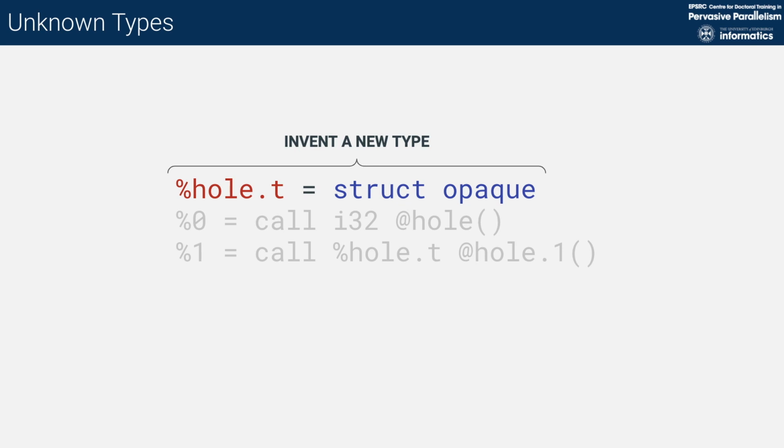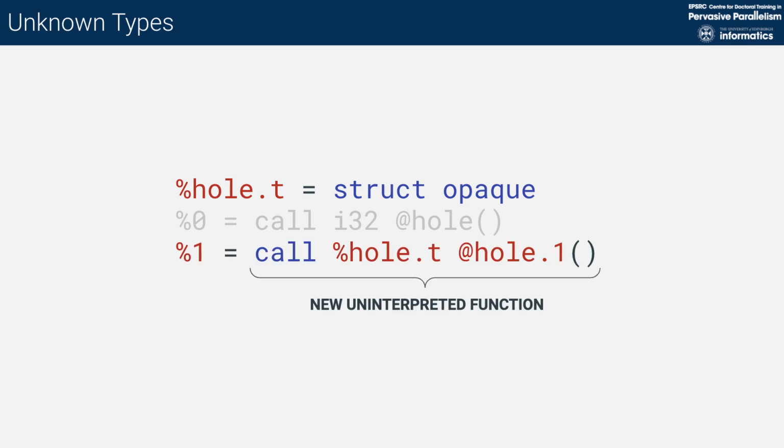The exact details of the LLVM IR on this slide aren't particularly important, but the idea is that we're creating a new type that's distinct from every other type in the program that represents holes with unknown type. We call that hole.t in this code example. Then, when we construct a hole whose type is unknown, we simply set the return type to be this unknown type marker.